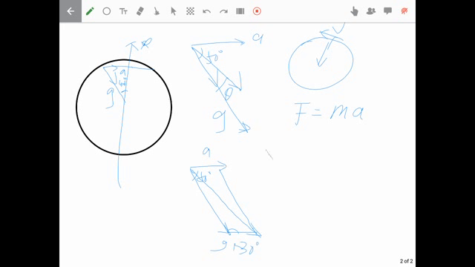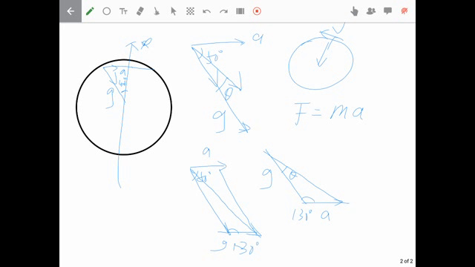I redraw the triangle here: that's g, that's a, that's 130, and you're trying to find this angle, right?